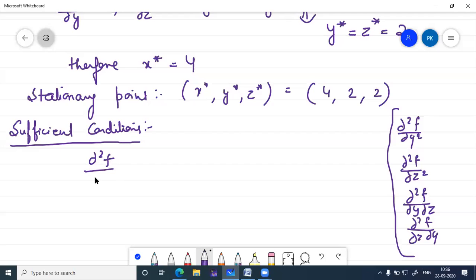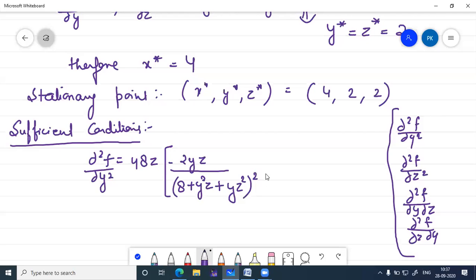So del 2f by del y2, the second order derivative, differentiating it partially once more with respect to y, we have obtained this value: minus 2yz by 8 plus y square z whole square, minus twice of 8 minus y square z, this is 2yz plus z square, the whole cube.